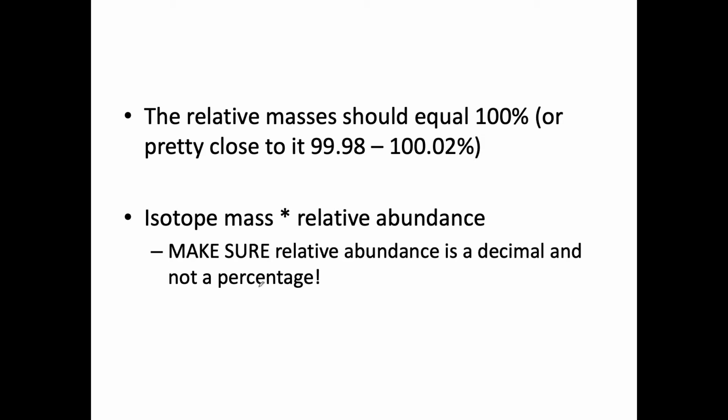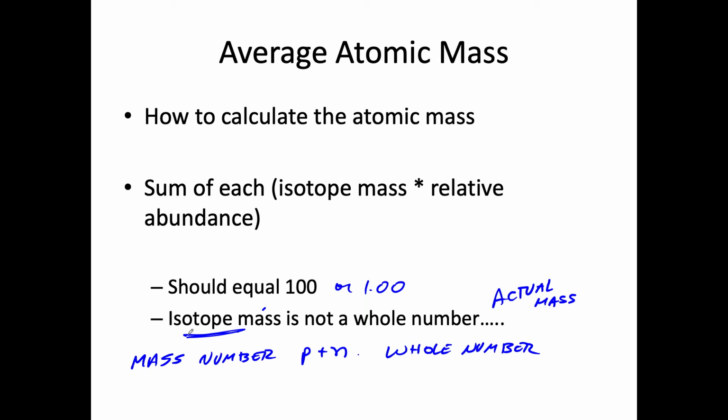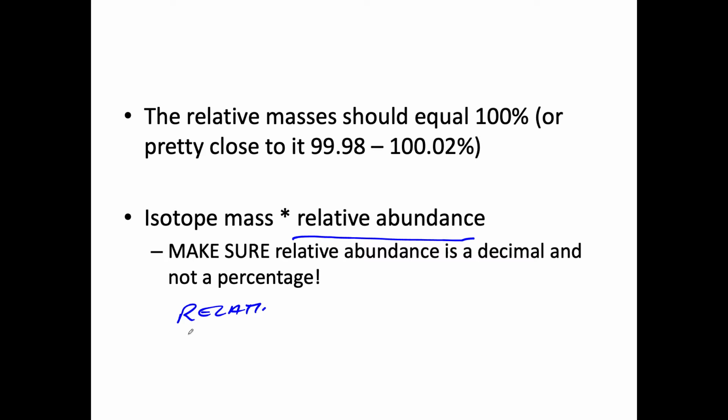And I want to point out we're looking for relative abundance, not percent. Relative abundance is a decimal, and percent abundance is when you multiply this by 100%.